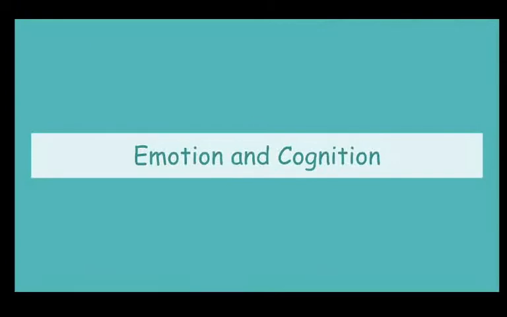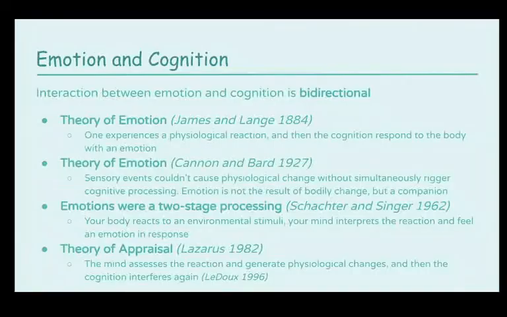Okay, so now we're going into emotion and cognition. In emotion and cognition, there are also a lot of theories that support this. Through lots of these theories, we can know that the interaction between emotion and cognition is bidirectional.